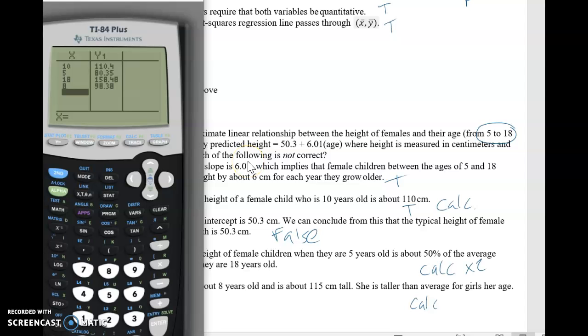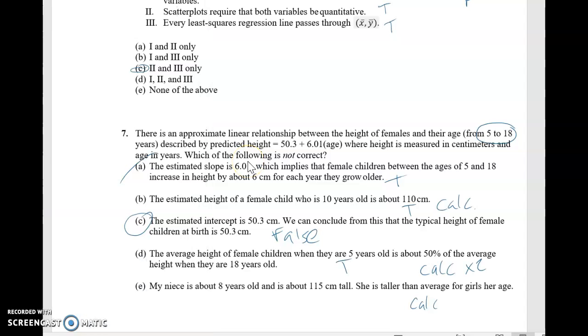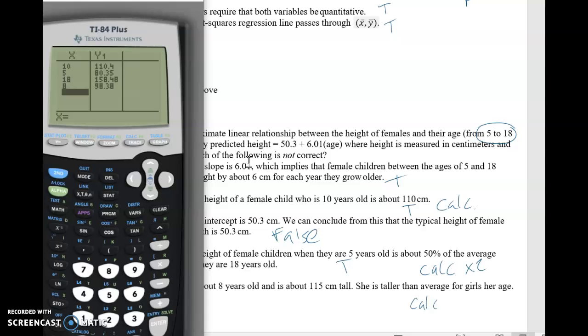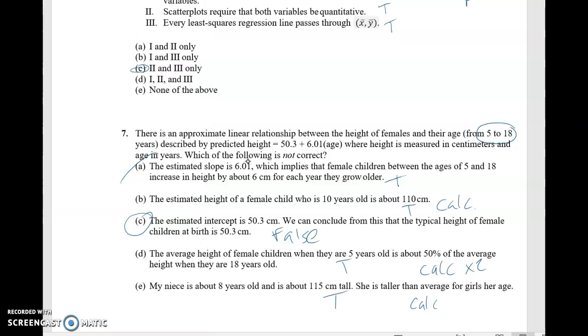So about 50%, that's also definitely true, okay? My niece is 8 years old. She's 115 centimeters tall. Is she taller than the average for girls her age? Yes, because 98.38 is the average height. So that would also be true. So we did the calculations to make sure that C is our option, and it turns out that C is a good option.